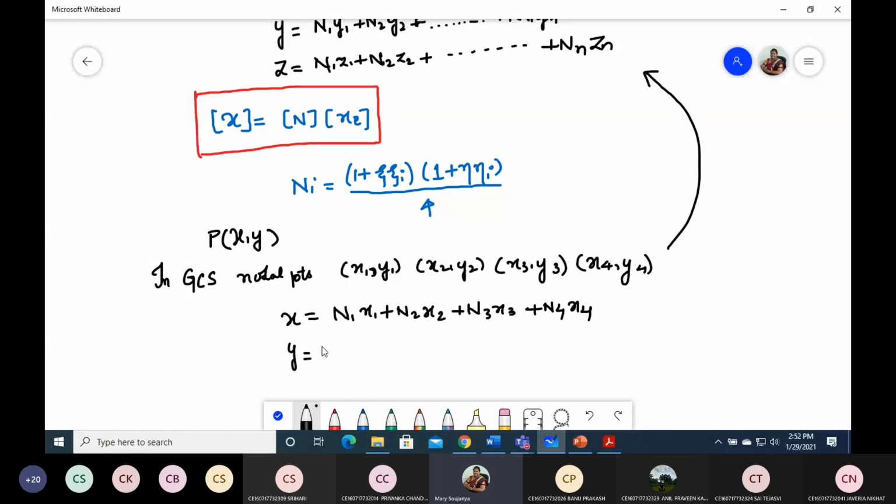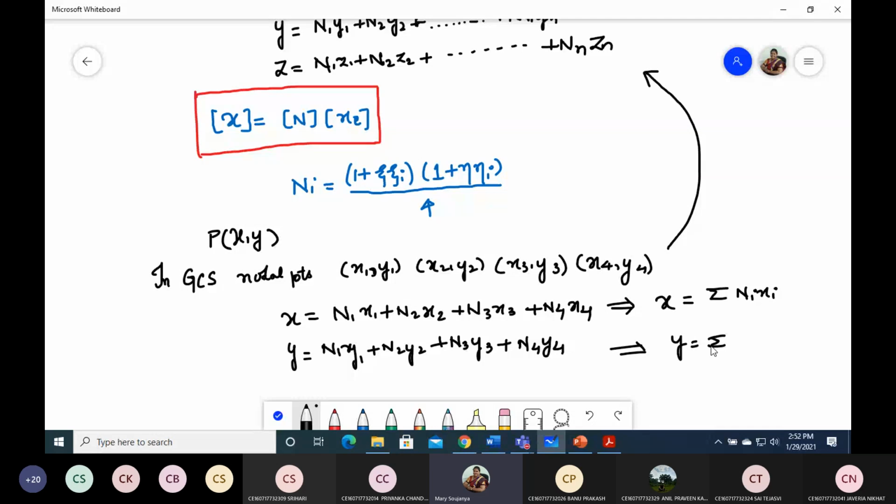Similarly, y is equal to n1 y1, n2 y2, n3 y3, n4 y4. So this can be rewritten as x is equal to summation of ni xi and y is equal to summation of ni yi.